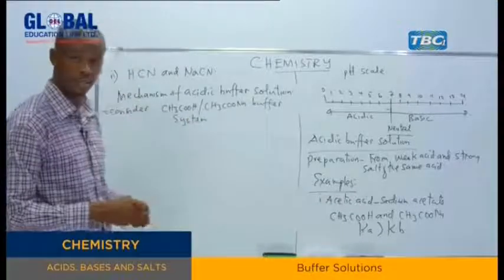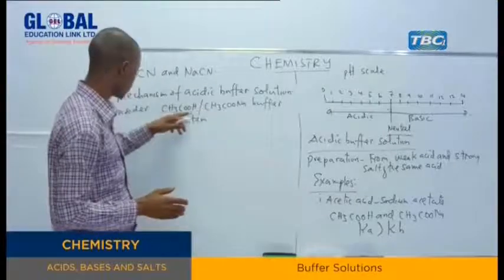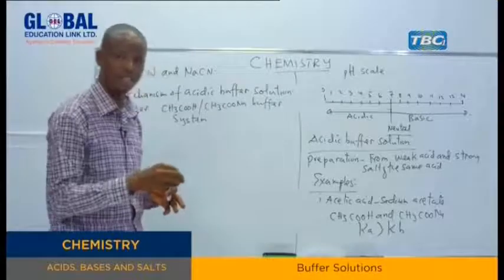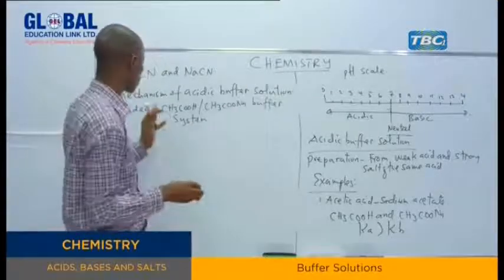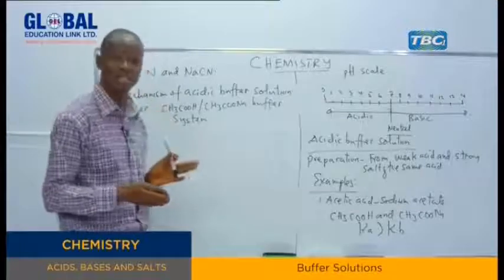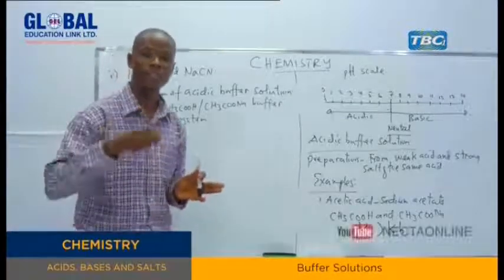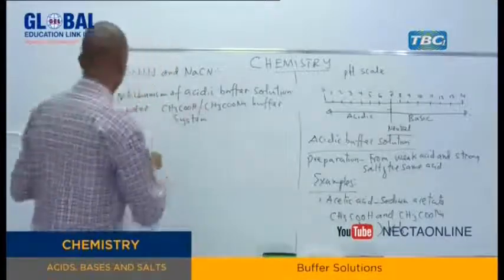Before addition of any salt, we have this acetic acid, which is the weak acid, first dissociating in the aqueous solution to produce few ions. But the dissociation of this weak acid is only partial. That means it gives a very small amount of ions in the solution because it is weak.